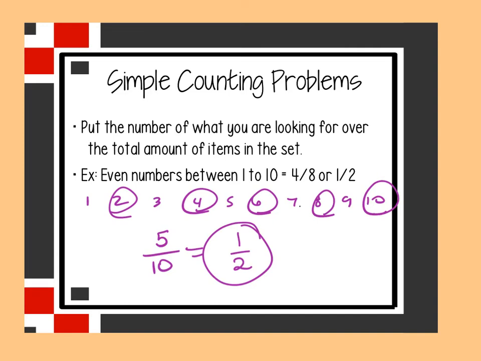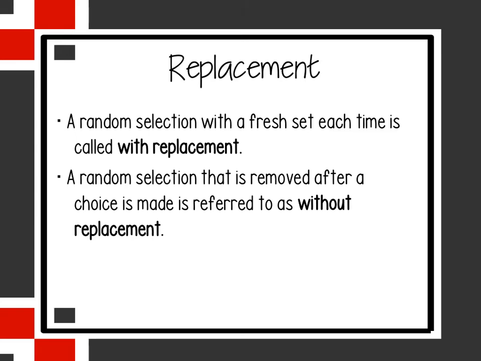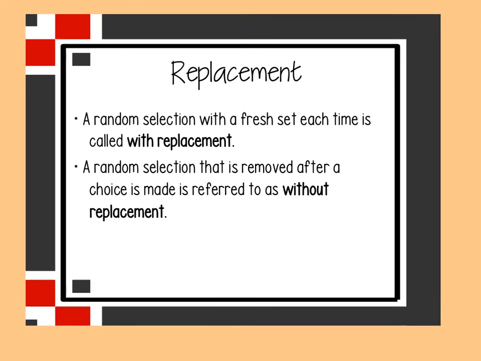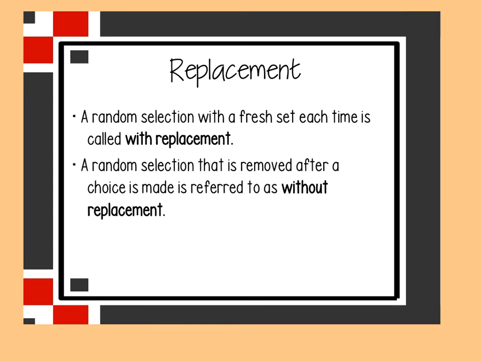And then obviously we start to get a little bit more detailed. So the first thing that we're going to focus on is replacement. Is there replacement in my set or not? A random selection with a fresh set each time is called with replacement. So if I'm pulling a number out of a hat and I replace it, it's a fresh set, right?